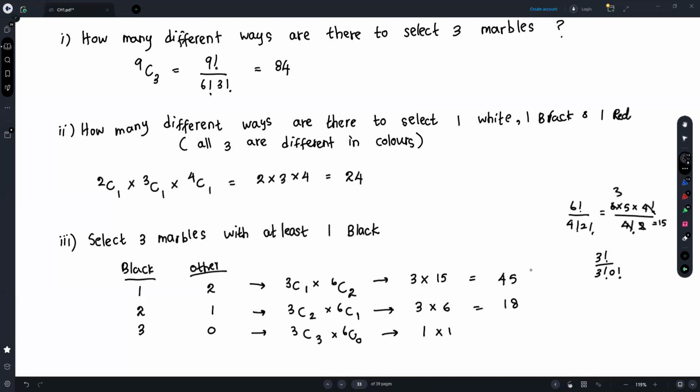By definition, 0 factorial is 1. This is 1, why you get 1. Same for 6 choose 0. Add them together. So there will be 64 possibilities. Okay.